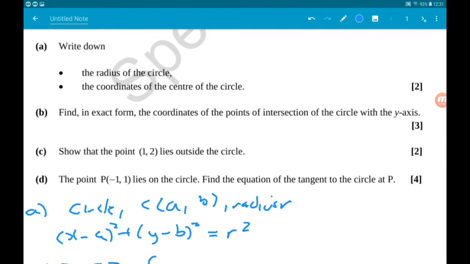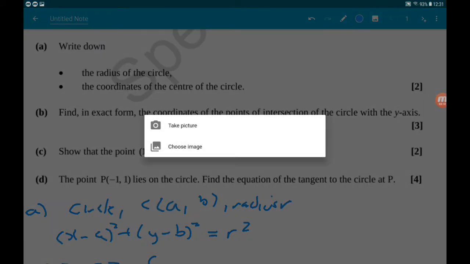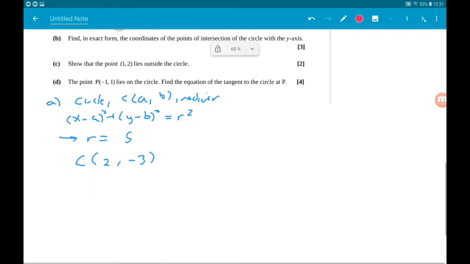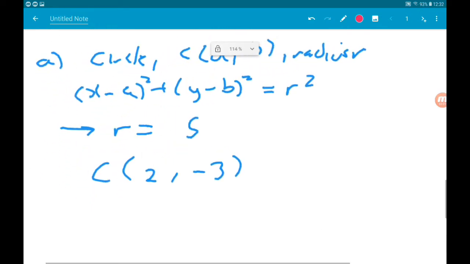Part B wants us to find in exact form the coordinates of the points of intersection of the circle with the y-axis. So on the y-axis, what do we know?